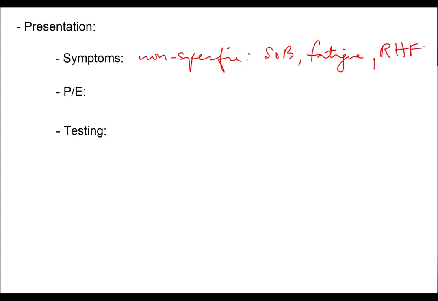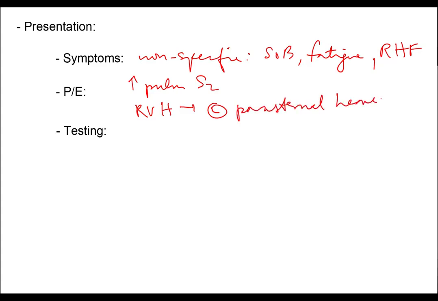On examination, very difficult to make a diagnosis. The high pulmonary pressure can lead to an increase in the pulmonary component of S2, and if it goes on long enough, you might get right ventricular hypertrophy, so that's going to give you a left parasternal heave. Those are not straightforward physical exam findings.